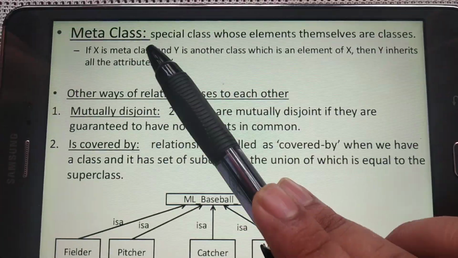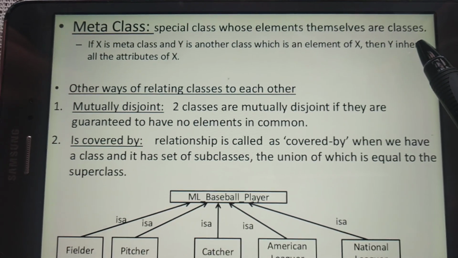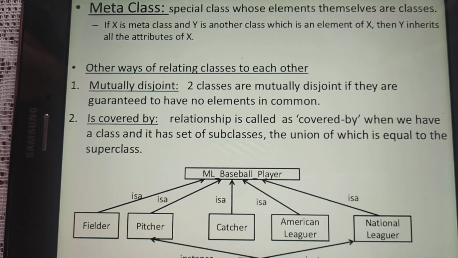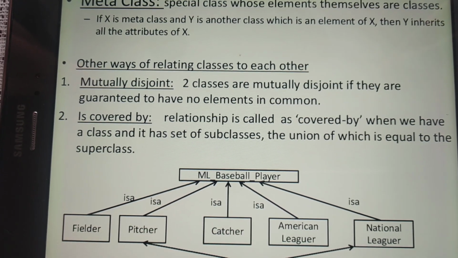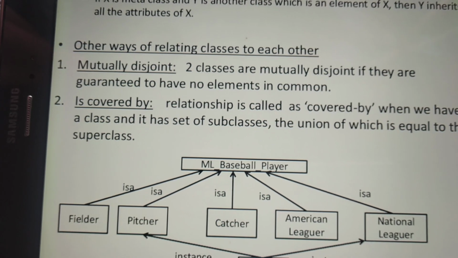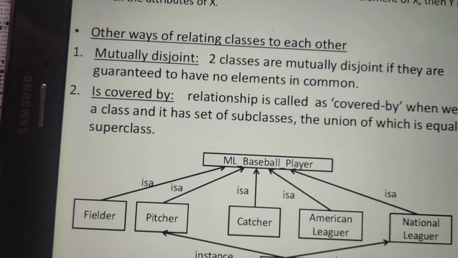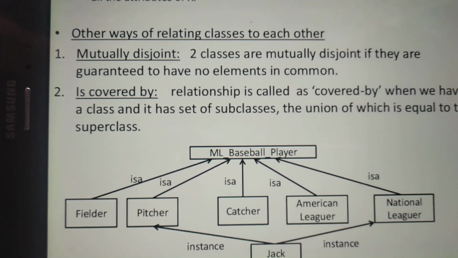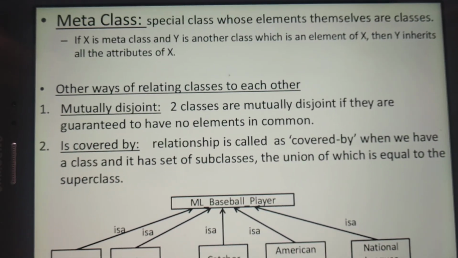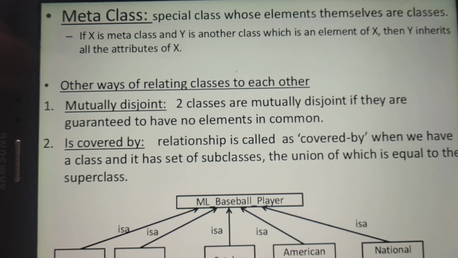frames. Meta class: a special class whose elements themselves are classes. You must be remembering there was something called containership in object oriented programming with respect to C++. A class within a class is a containership. Similarly, a meta class is a class that has another class as its member.